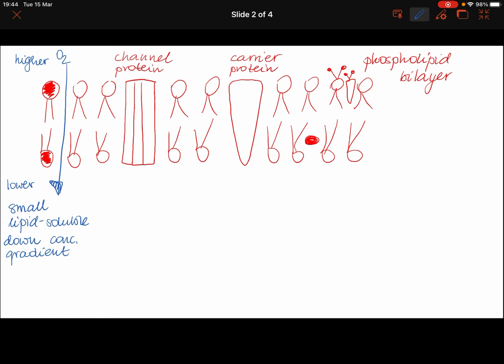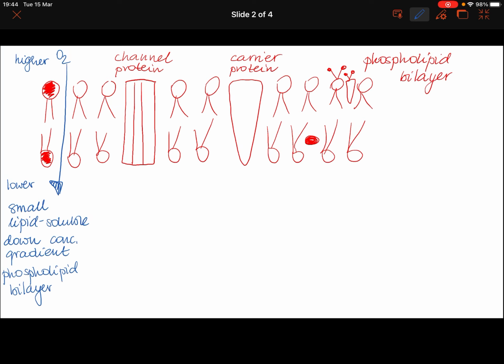So, simple diffusion is a movement of small lipid-soluble molecules, so those are the properties of the molecules, down the concentration gradient through the phospholipid bilayer. And that was simple diffusion.